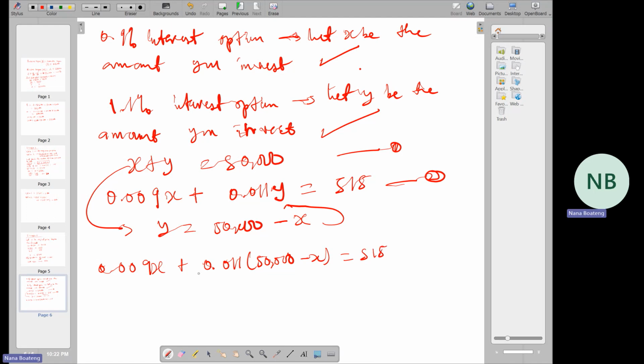So this is 0.009X plus 0.011 times 50,000, which gives us 550, minus 0.011X.